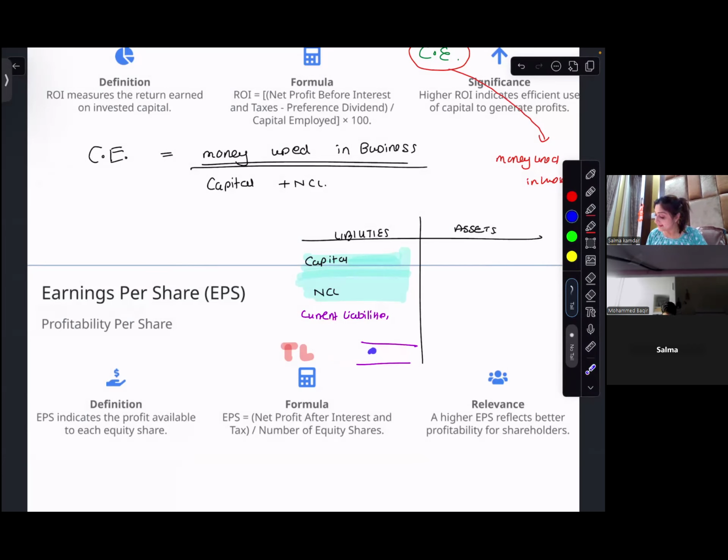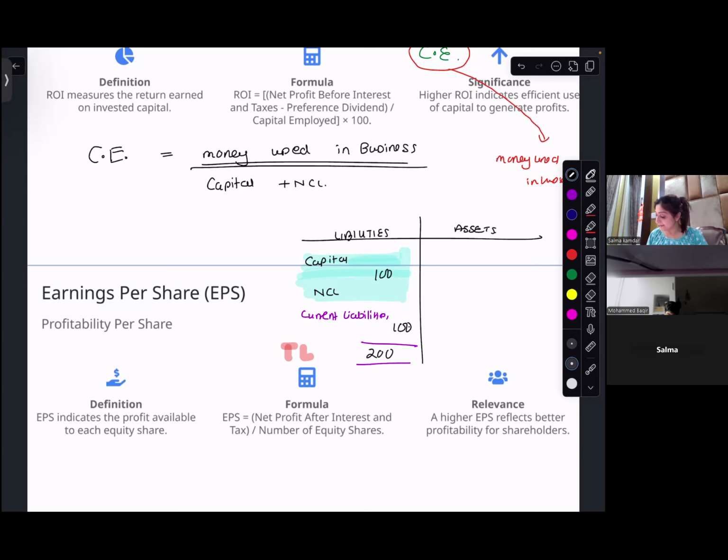Suppose your total liability is 200 and your current liability is 100. What would be your capital employed? 100.